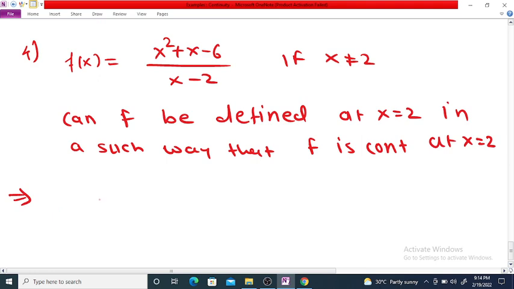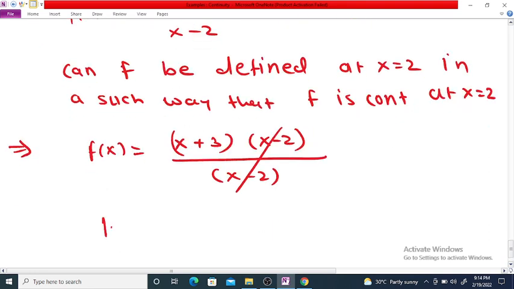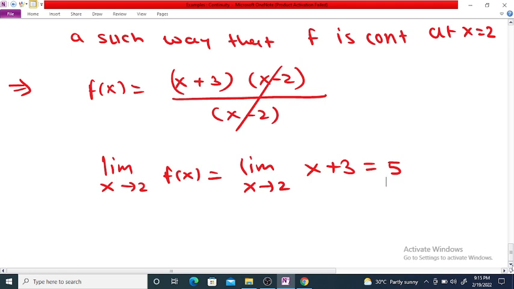So now here, if we factorize the numerator, we get f(x) equal to (x plus 3)(x minus 2) divided by (x minus 2). This gets cancelled here, and if we take the limit as x tends to 2 of f(x), we get the limit as x tends to 2 of x plus 3, which is equal to 5, and therefore now we can define f(2) here.